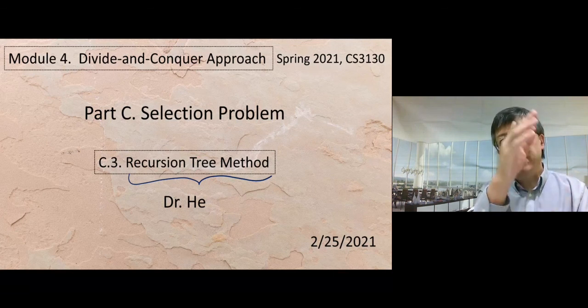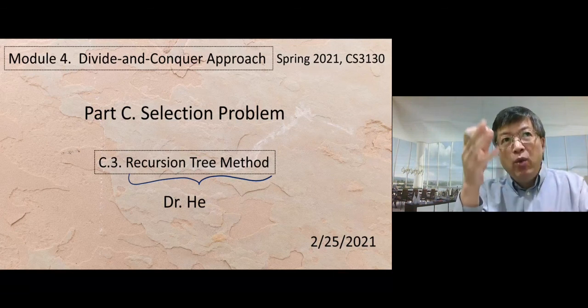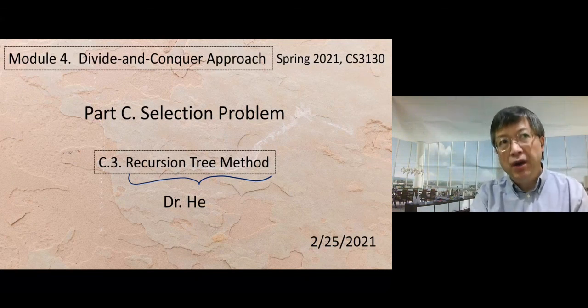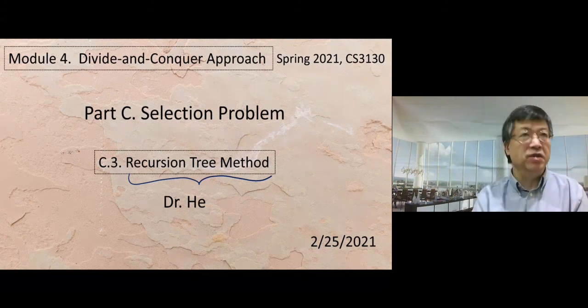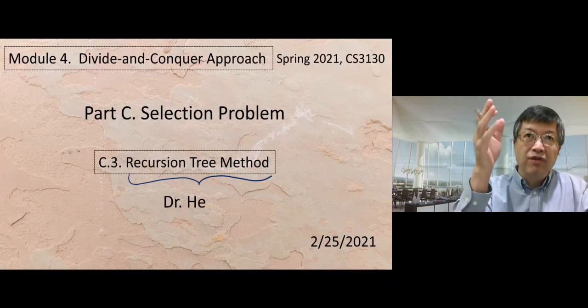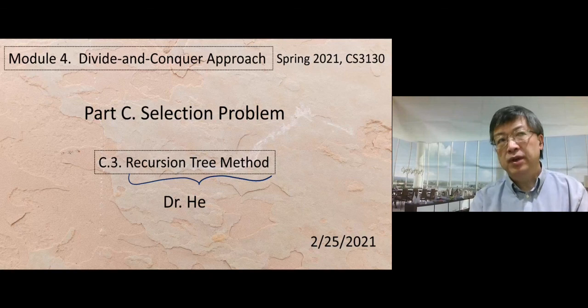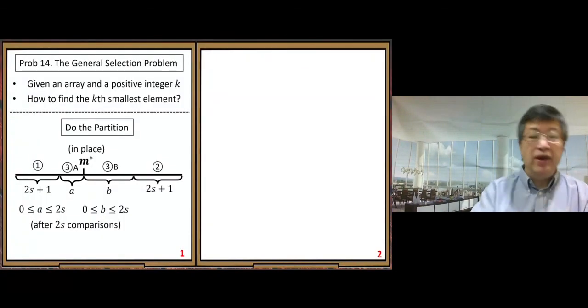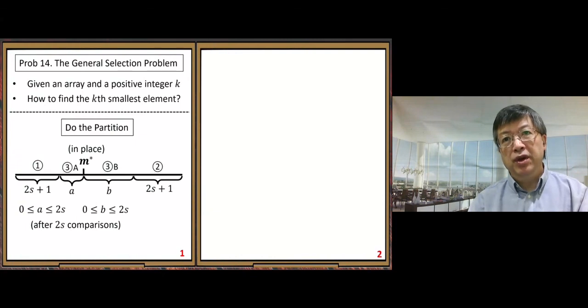Using that way, we estimate the dominant term part, so we can get a growth function. Our goal is just to get a growth function of the algorithm. That is enough. All right, so let's look at the new method.